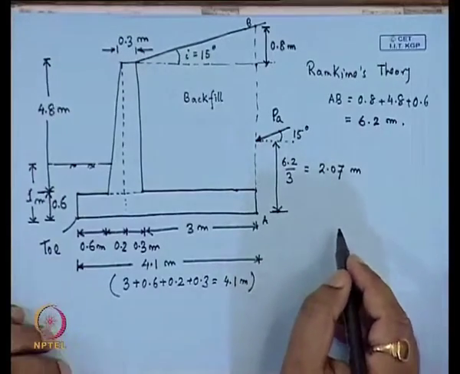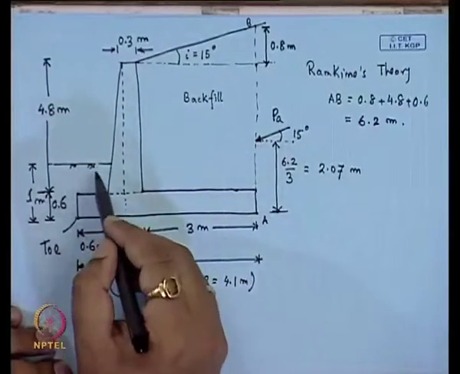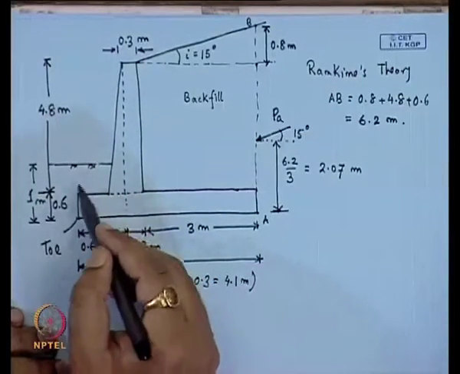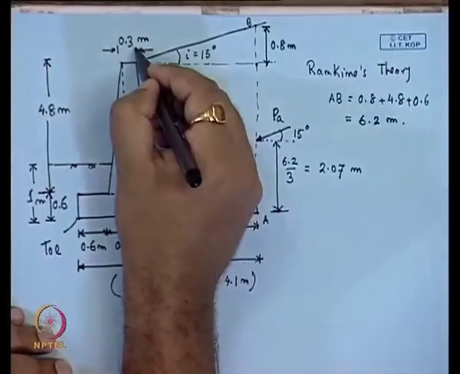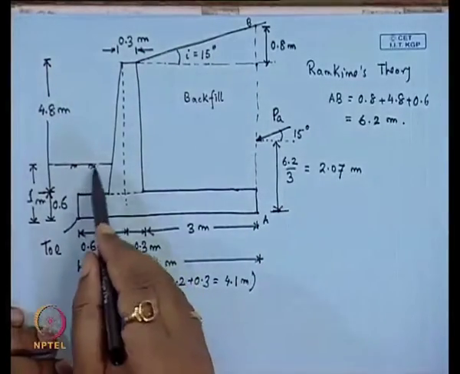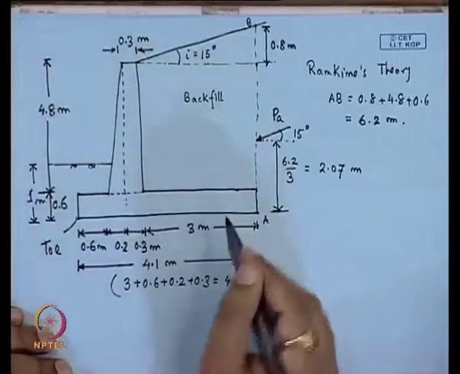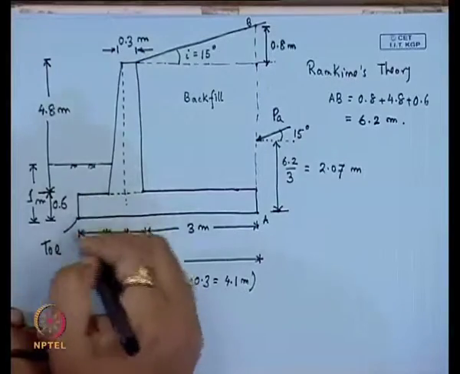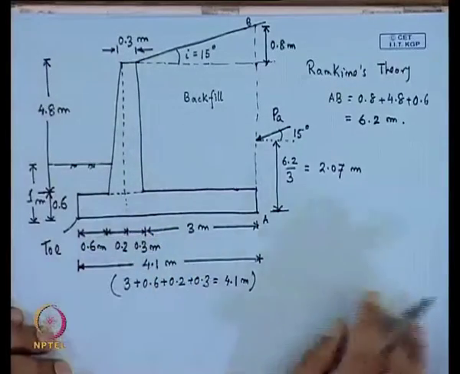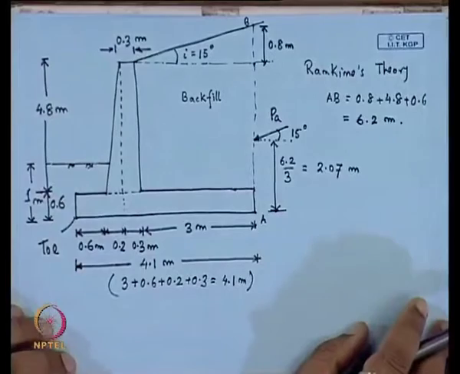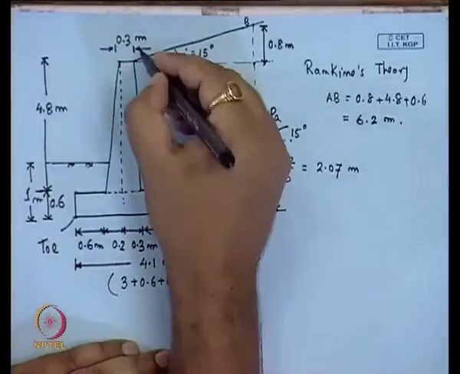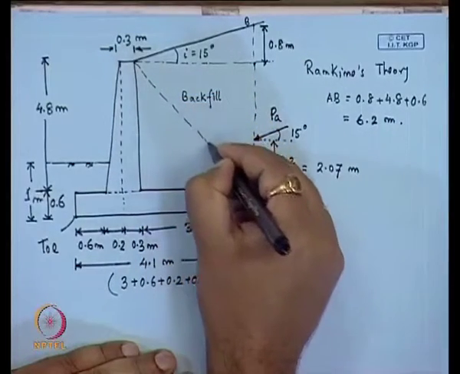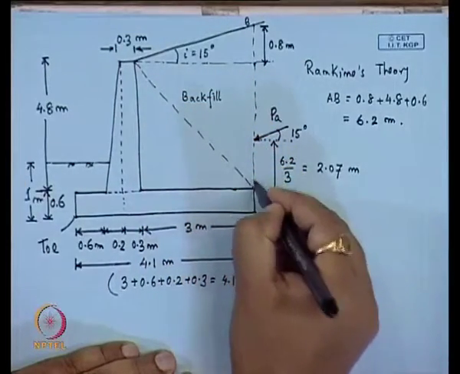Now, in this design we neglect the effect of passive resistance, though it can also be included in the calculation, but for the first case this problem will be solved by neglecting the passive pressure. If I want to solve this problem by Rankine's theory, we have to check whether Rankine's theory is applicable or not.